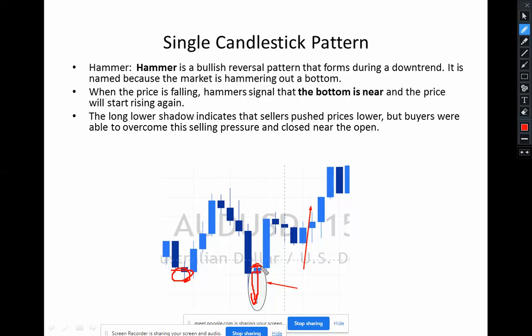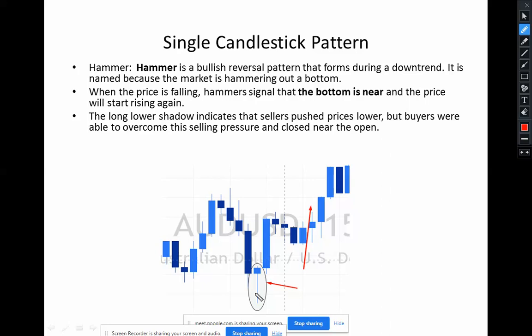So what happens next when this pattern forms at the support level? The market starts moving higher. So this is how you trade single candlestick patterns like the hammer. The shadow must be twice or three times longer.